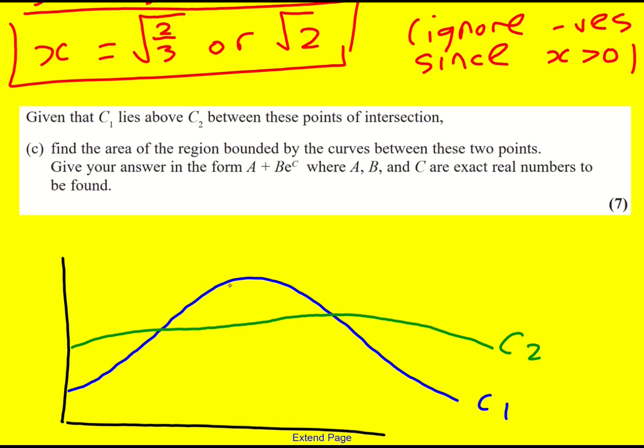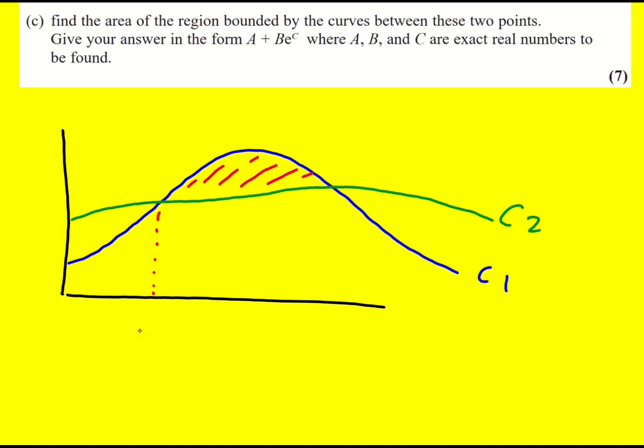And we're asked to find the region bounded between the curves, so this here. The points of intersection we found in the previous part: root 2 over 3, that's going to be the smaller one, and then the square root of 2.